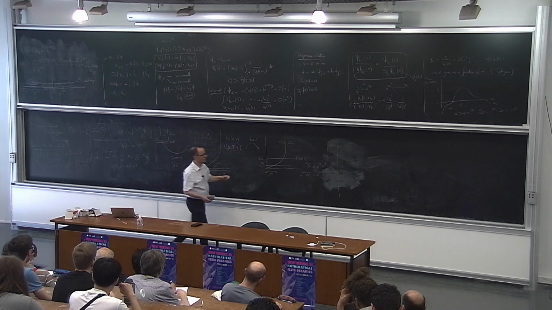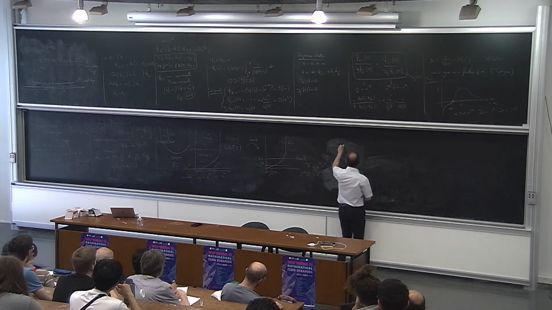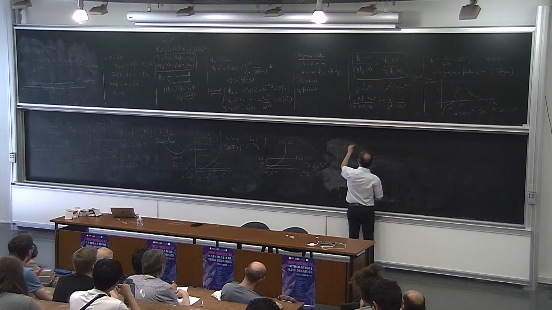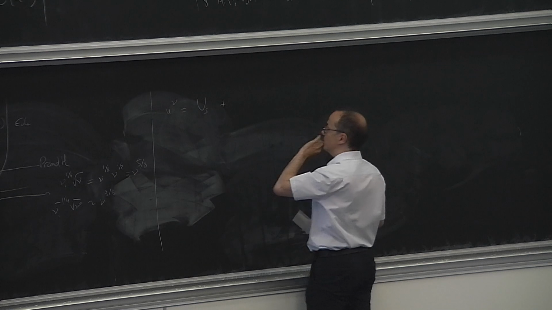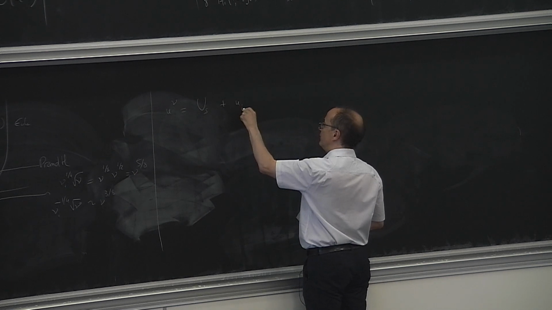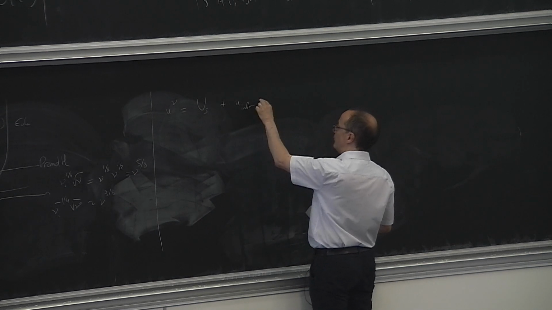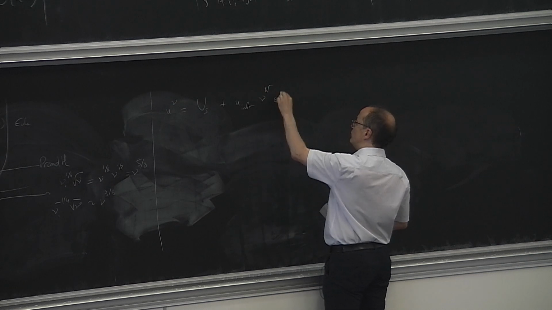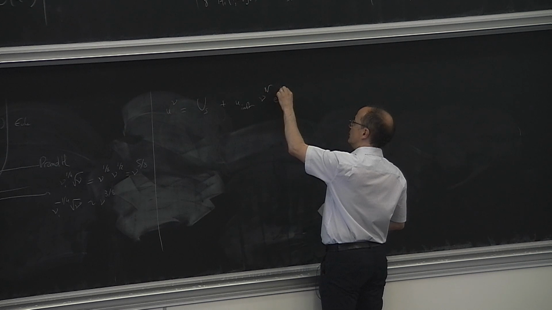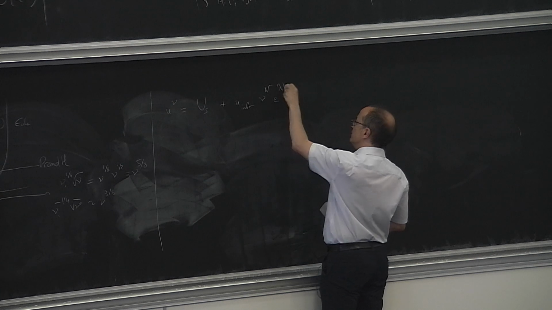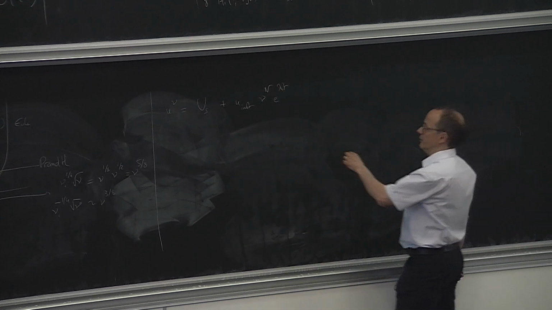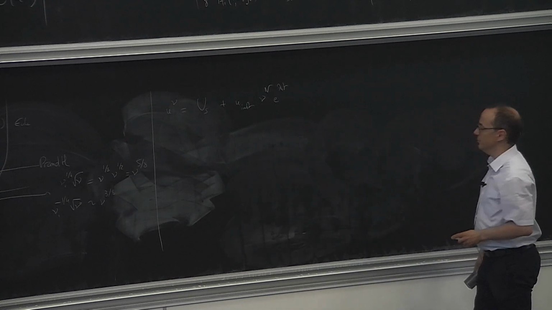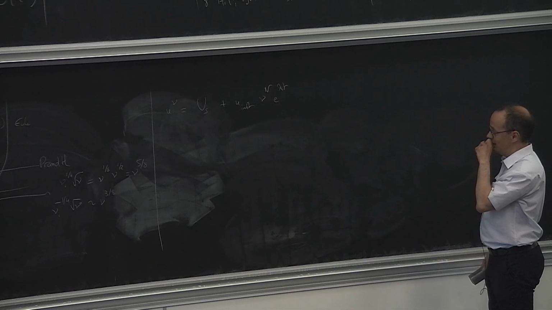So I have my field U, which is the profile, plus something, an unstable mode, the instability. I make it very small initially, and it grows like exponential lambda t. And of course, I forget the complex conjugate and so on. Okay, so this is linear.